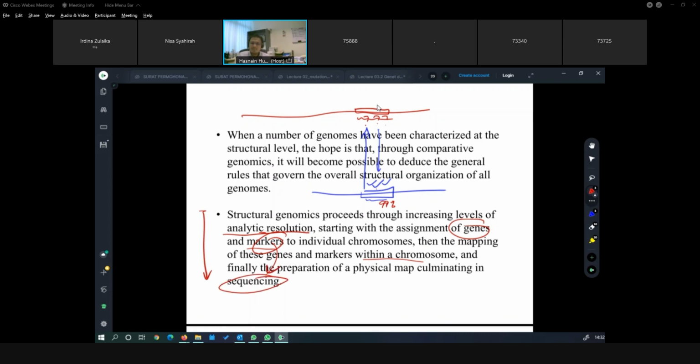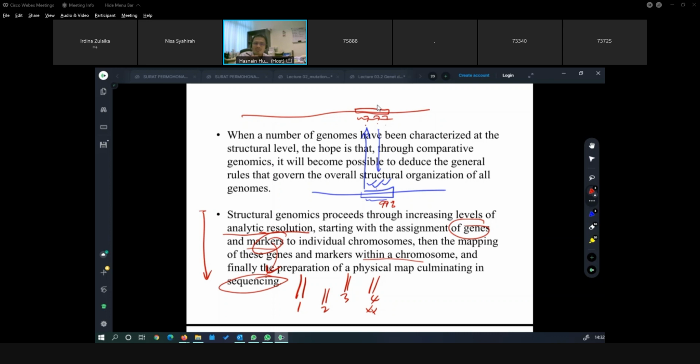So what is meant by this is that previously we have a chromosome collection in Drosophila, for example, 4 pairs, right? Chromosome 1, 2, 3, and 4, diploid Drosophila. Actually, the number 4 is actually XX, for example. So initially, we know only the general idea.